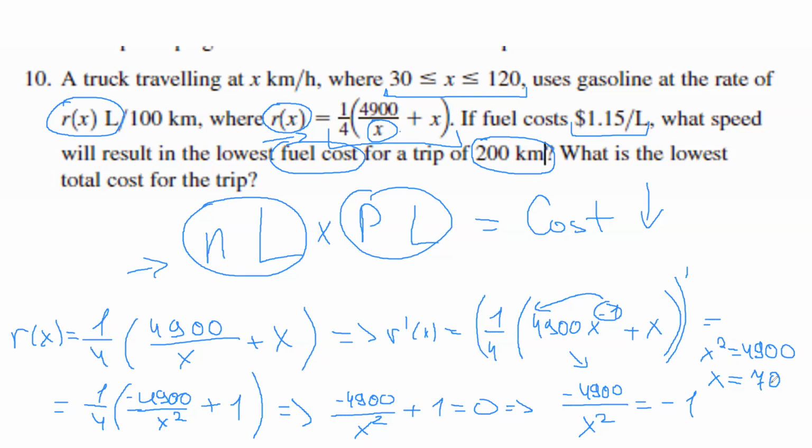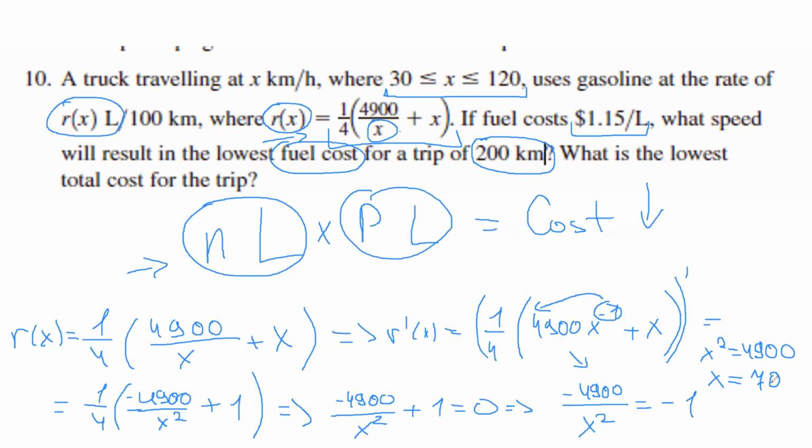If you read this question once again, they give you a lot of information: speed range from 30 to 120, which you don't even need after all. They give you consumption per 100 kilometers, cost of fuel, and 200 for a trip of 200 kilometers.